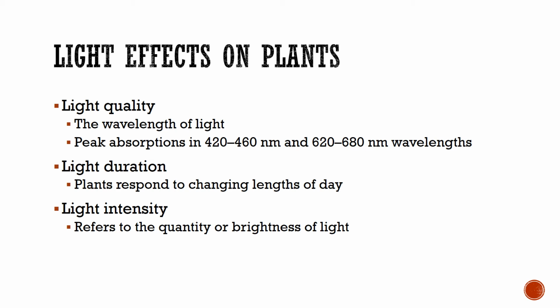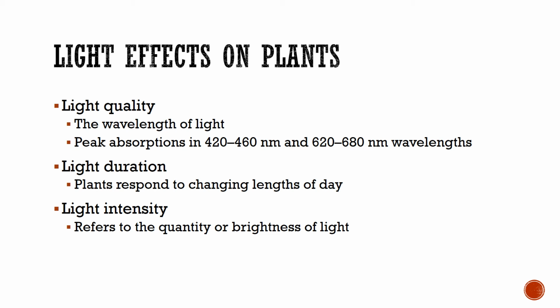We talked about how those nanometers are really important. In terms of light quality, the plant needs a peak absorption of 420 to 460 nanometers and, depending on the crop, 620 to 680 nanometers.